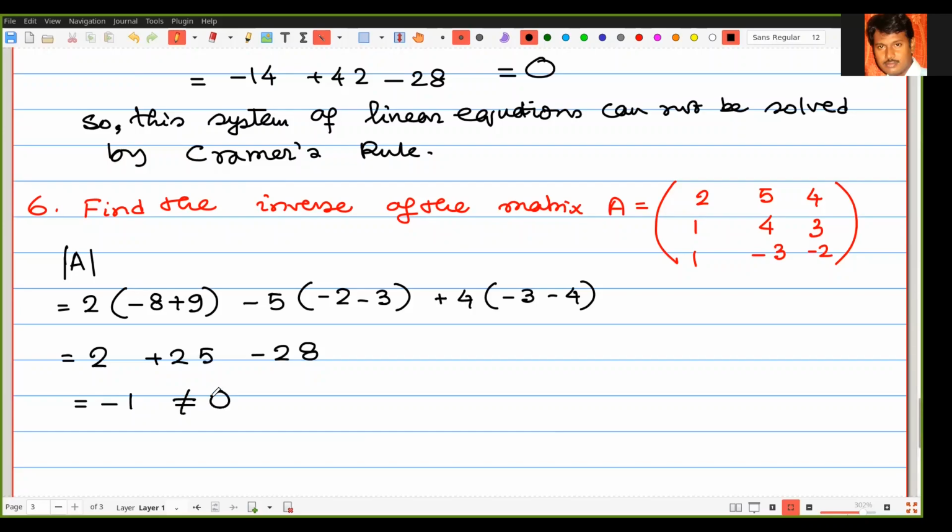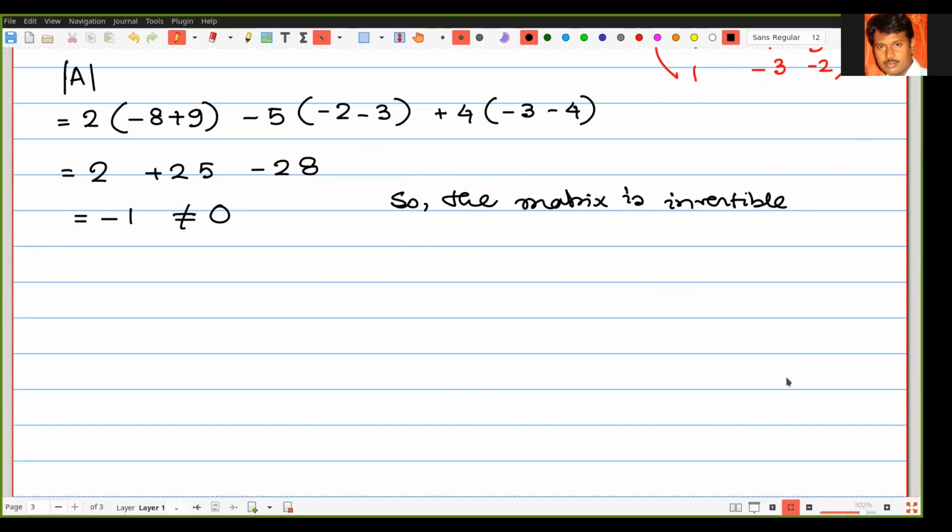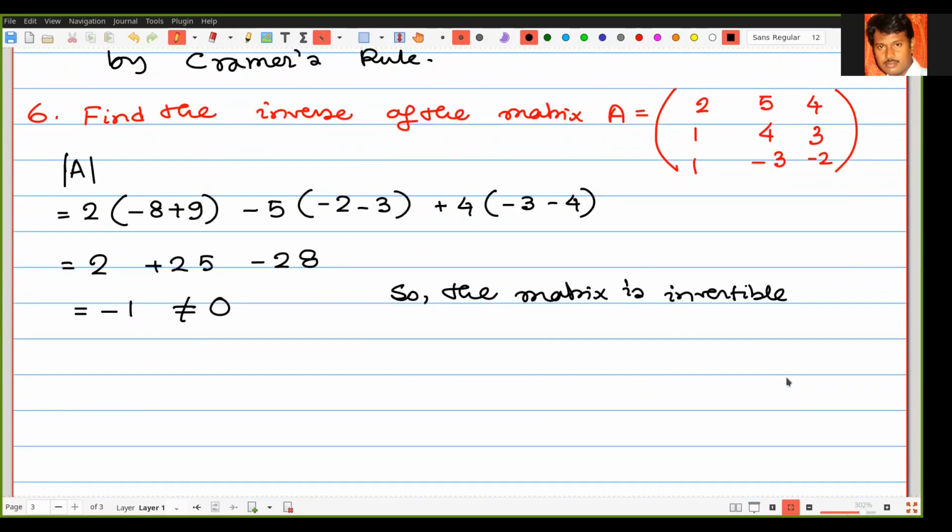That means the matrix is invertible. So we have to find out the adjoint or the adjugate of the matrix.